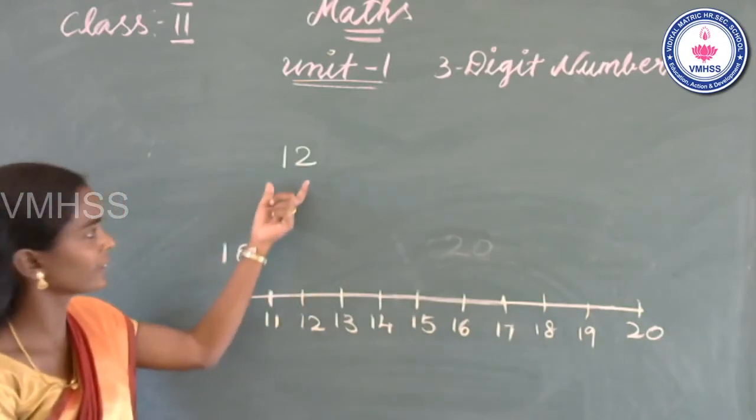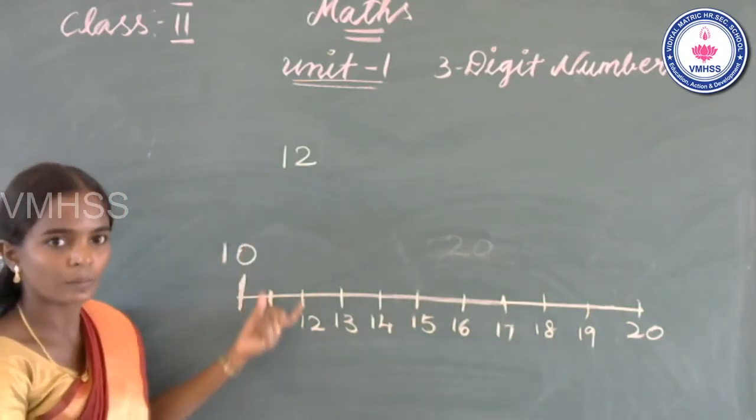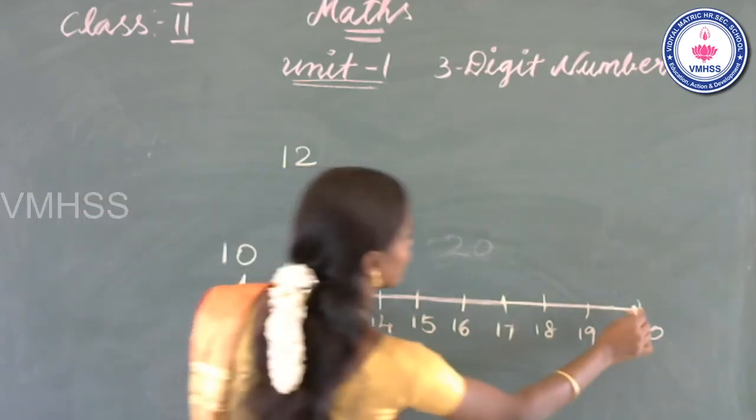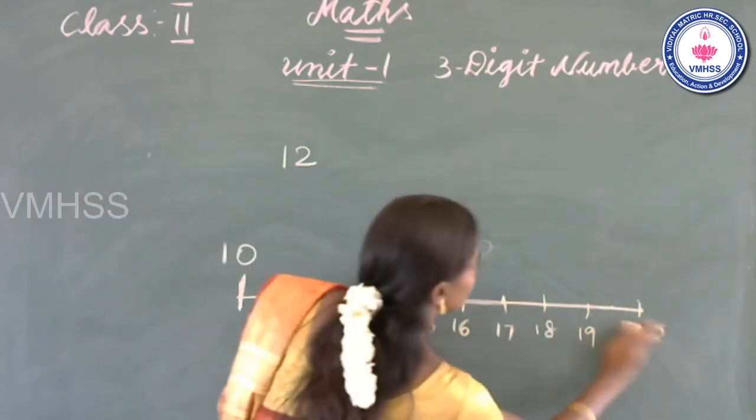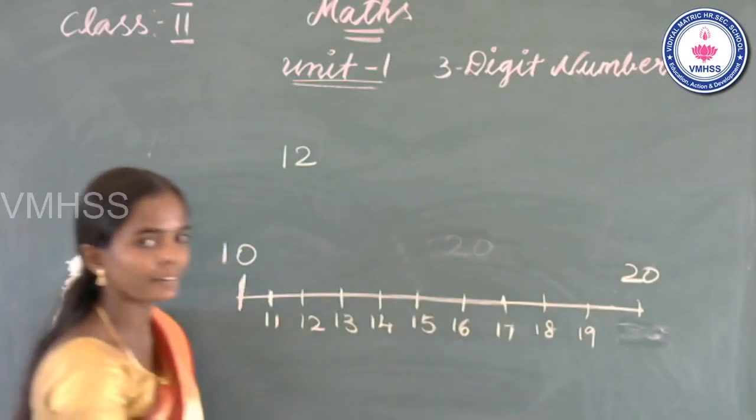So we take the number 12. 12 comes between 10 and 20.